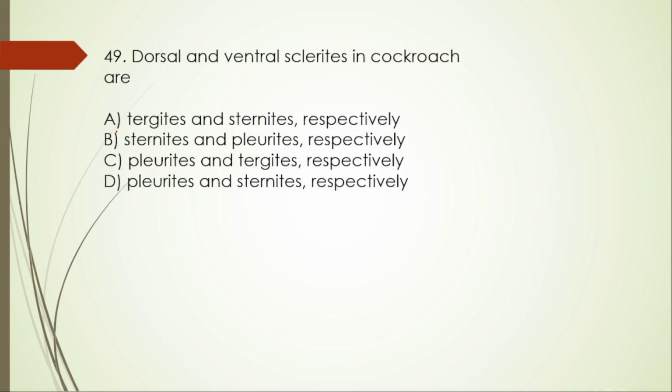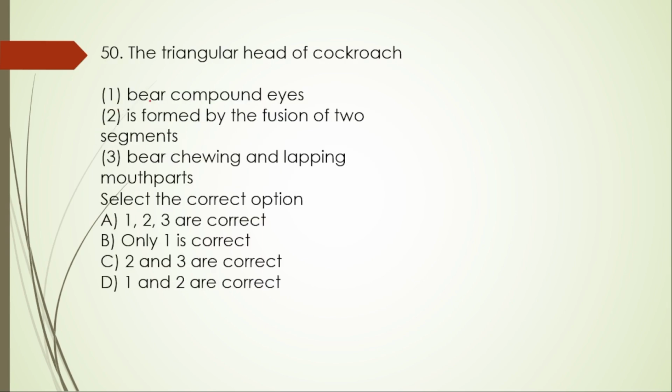Next, 49th question. The dorsal and ventral sclerites in cockroaches are, A, tergites and sternites respectively. This one itself is correct. 50th question. The triangular head of the cockroach... Statement 2, is formed by fusion of two segments.